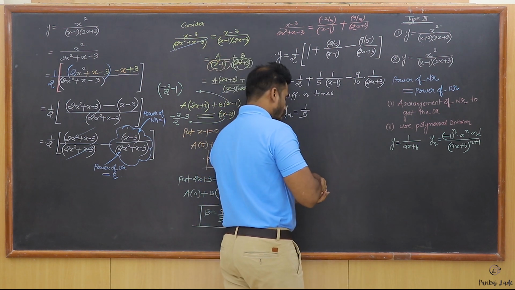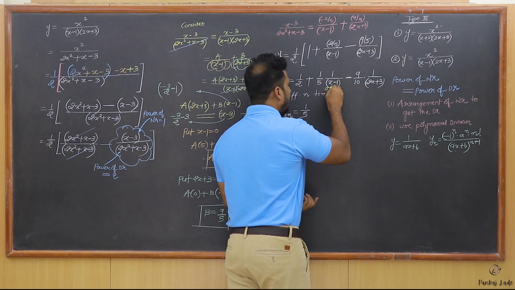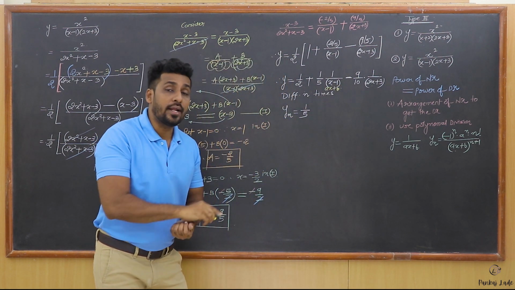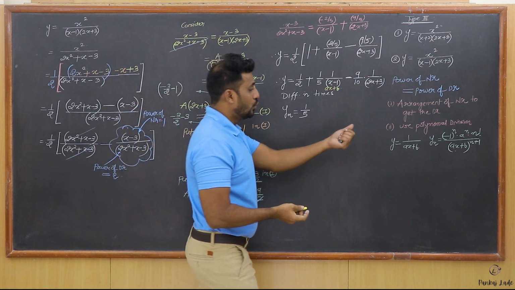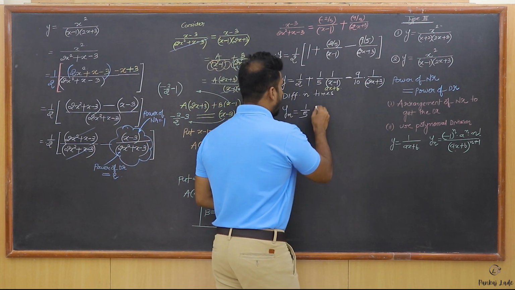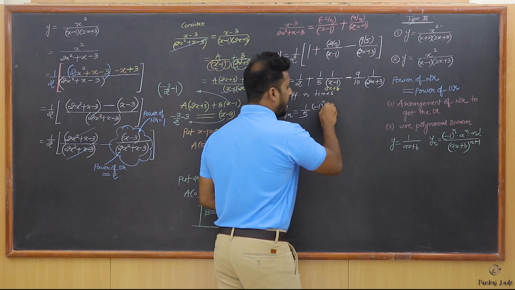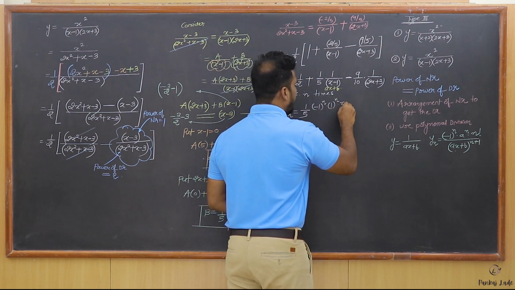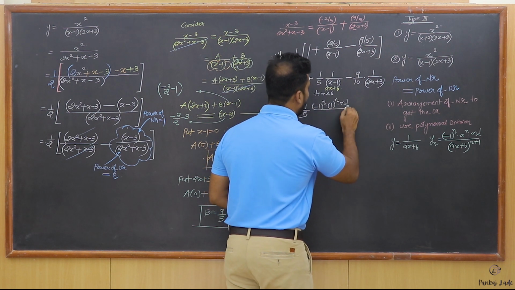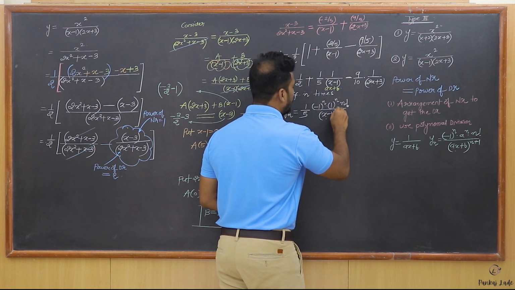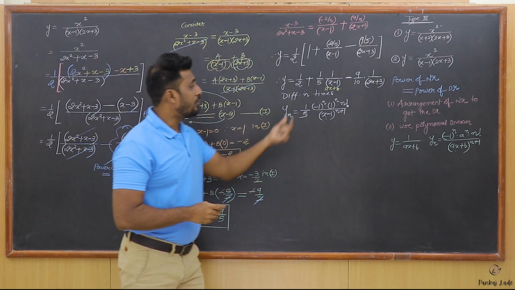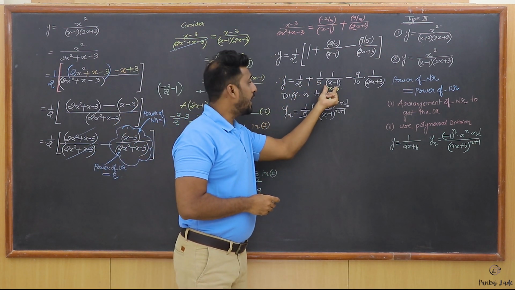This is like 1 upon ax plus b, where a is 1, b is minus 1. So use the formula. I can get here minus 1 raised to n into a raised to n, so a is 1 here, 1 raised to n into n factorial upon x minus 1 raised to n plus 1. So that's the nth order derivative of the very first term over here, 1 upon x minus 1.